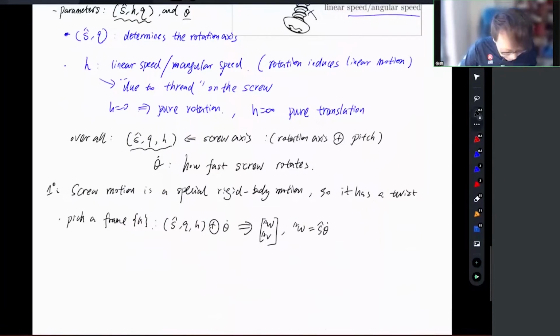S hat is the unit vector in the direction.